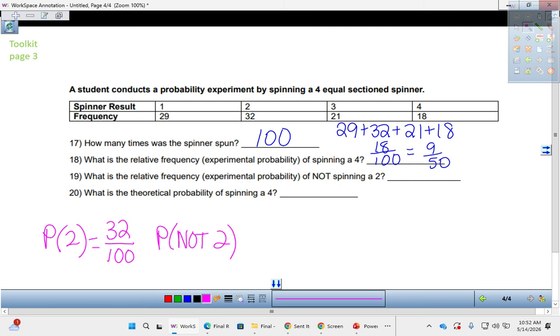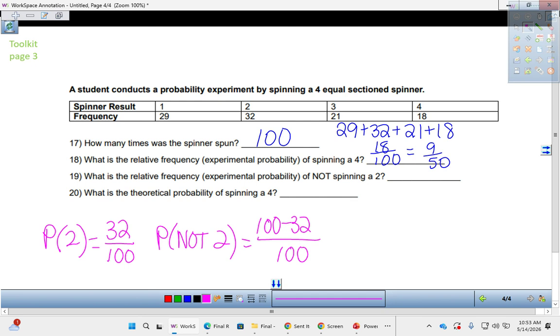So 32 numbers are 2. So 68 numbers are not 2. So one way to do it is just to subtract from the total the stuff that is a 2. Another way to do it would just be to add the numbers that don't have 2's: 29 plus 21 plus 18.